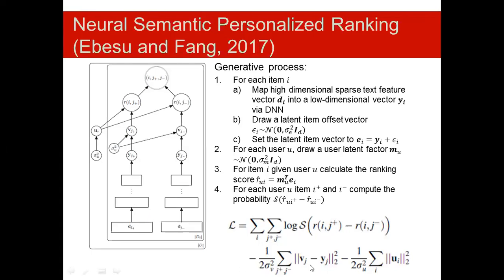As you can see, we learn both latent factors of users and items in a joint, end-to-end framework, so that we can overcome the cold start problem. For the new users and new items, for example, we can learn the latent factors from the content information.